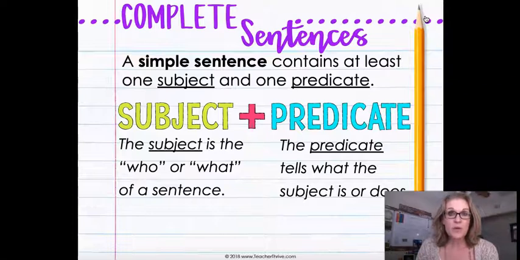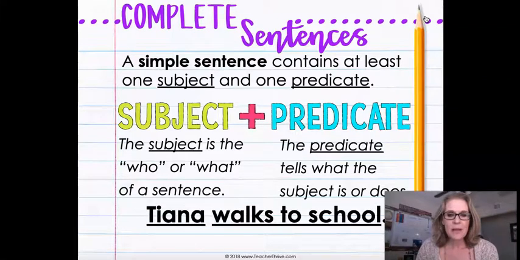Pause if you need to. You're going to want to write that down in your notebook. Here's an example. Tiana walks to school. Tiana is the subject. She is the who or what the sentence is talking about, right? And walks to school is the predicate. It's what Tiana is doing, right?